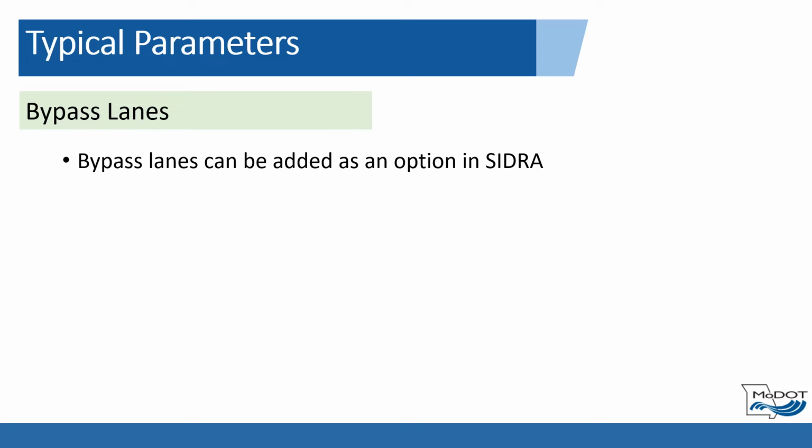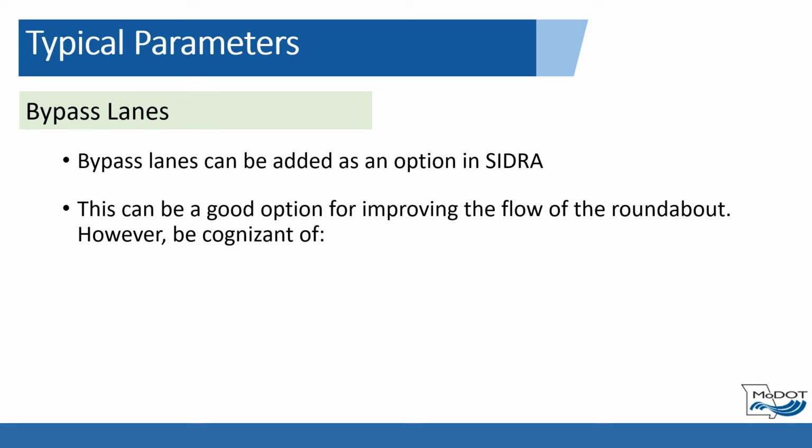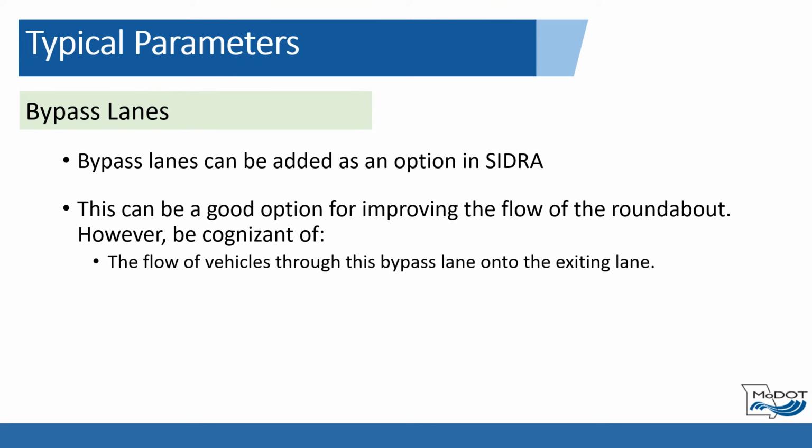Bypass lanes can be added as an option in SIDRA. This can be a good option for improving the flow of the roundabout. However, be cognizant of the flow of vehicles through this bypass lane onto the exiting lane. Sometimes the operations of the bypass lane can be misleading.